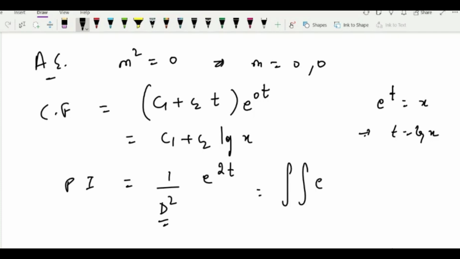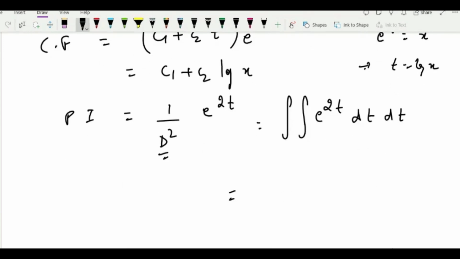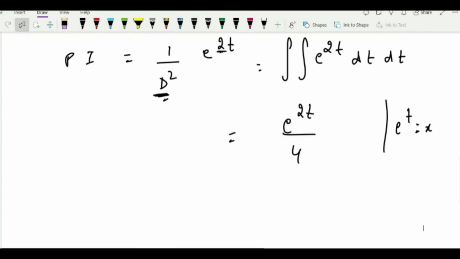So we are doing two times integration of this function e raised to power 2t. Or you can simply put D is equal to 2 also. Both ways are convenient. As you like, you can proceed. So we get e raised to power 2t upon 4. Also substituting back e raised to power t is equal to x, we get x square by 4.